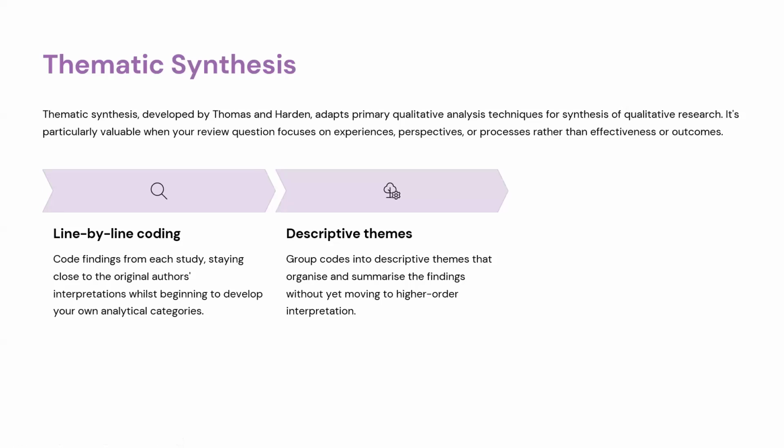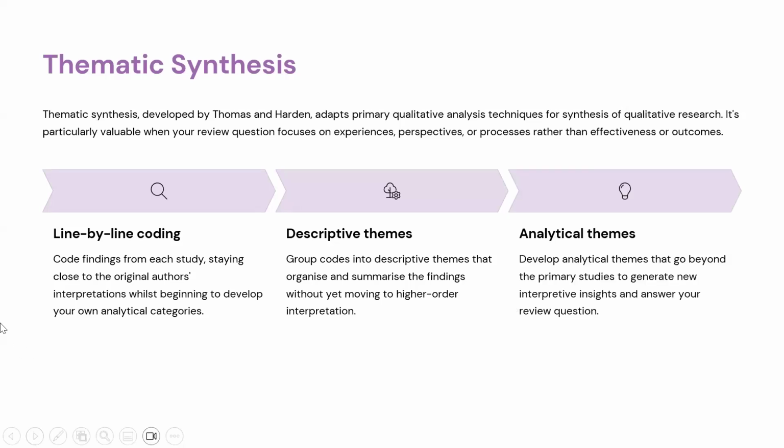As they emerge, you are beginning to make tentative groups, but you're not coming to a definitive conclusion just yet. And then finally, the analytical themes, which means developing analytical themes that go beyond the primary studies to generate new interpretive insights and answer your review questions.